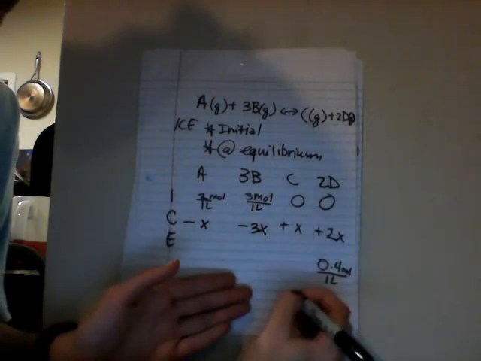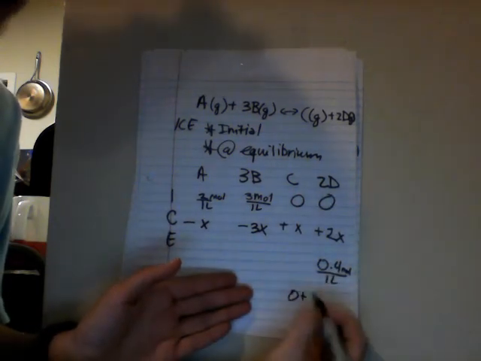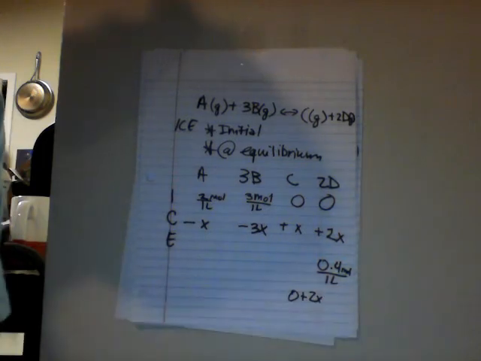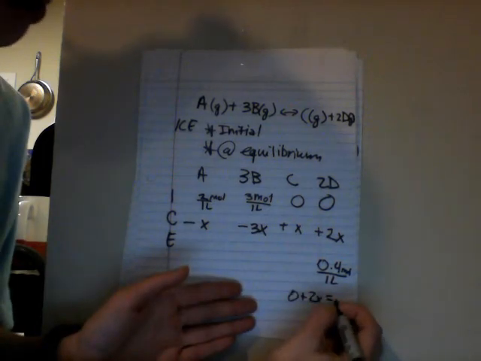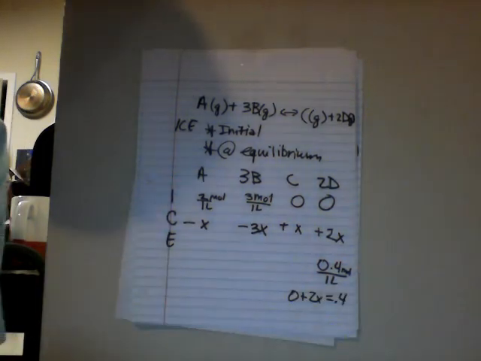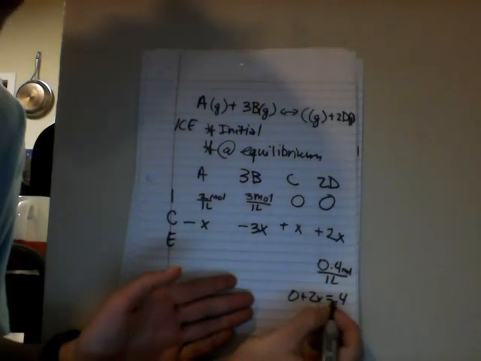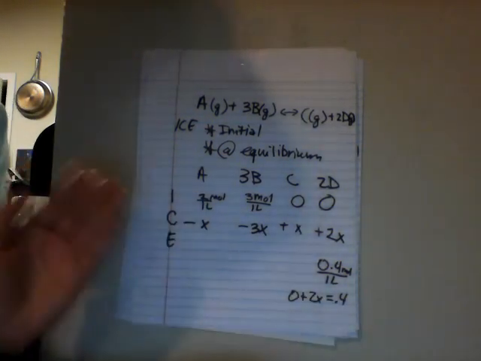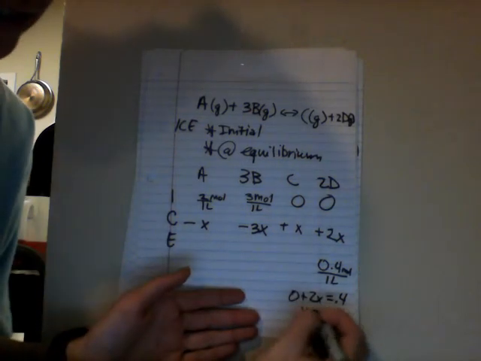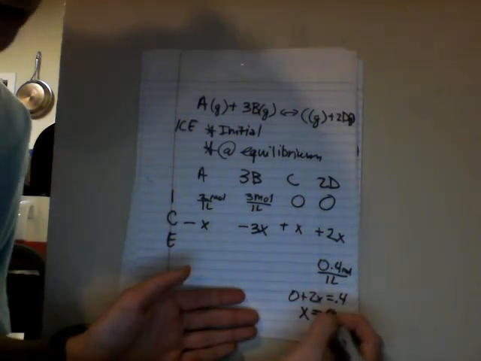That is saying 0 plus 2x is equal to 0.4. So that means that it'll just be 2x is equal to 0.4. So that just means that my x is equal to 0.2.